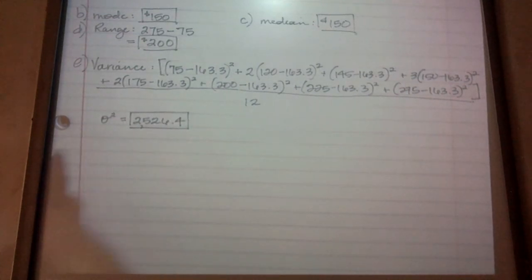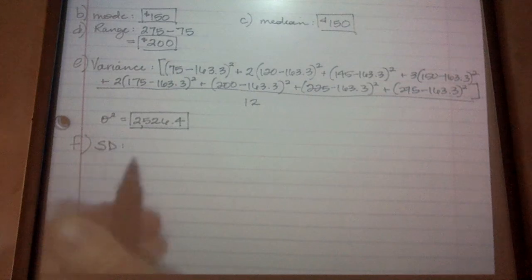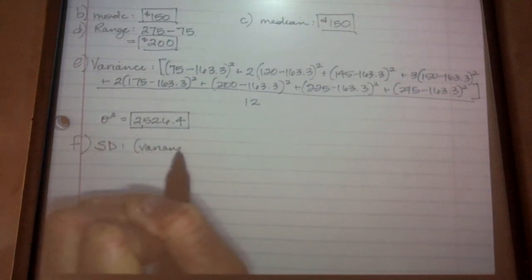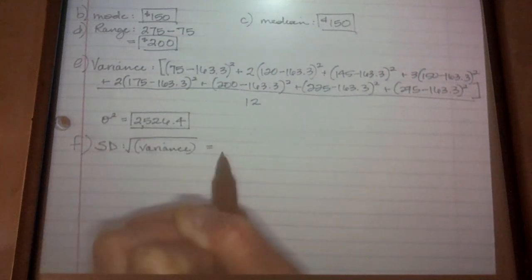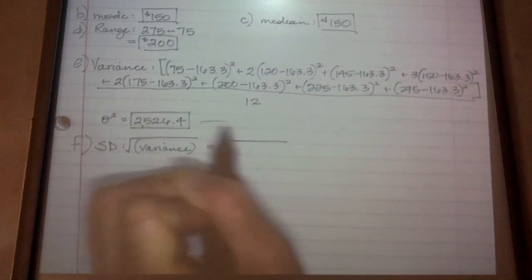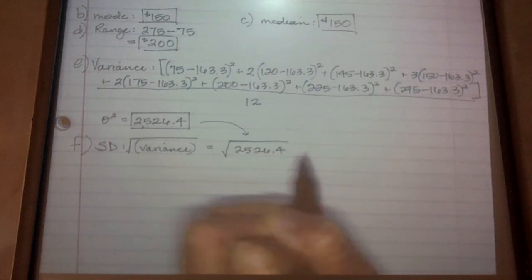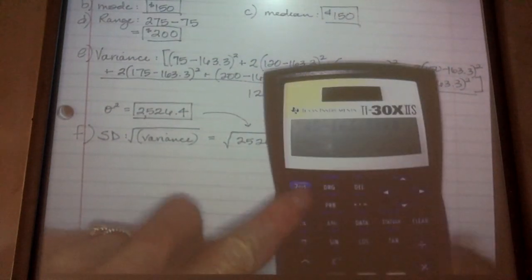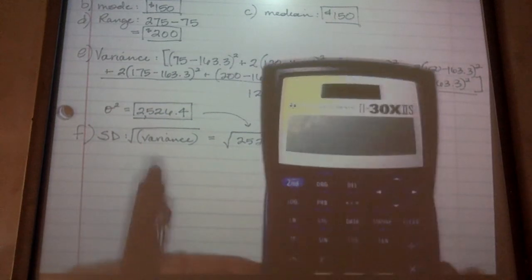Now, the last measurement, standard deviation, is super easy. Standard deviation, SD, is simply the square root of our variance. So our variance was 2,526.4. Using my calculator, I'm going to hit the square root button, which is second x squared, so square root.